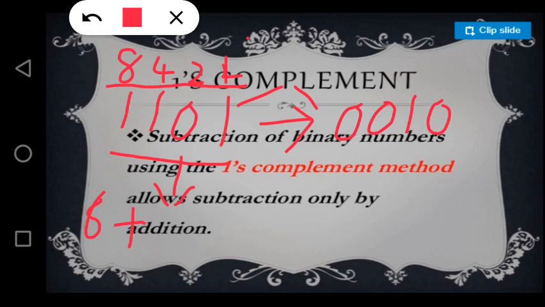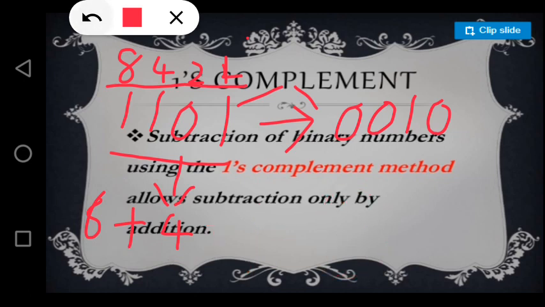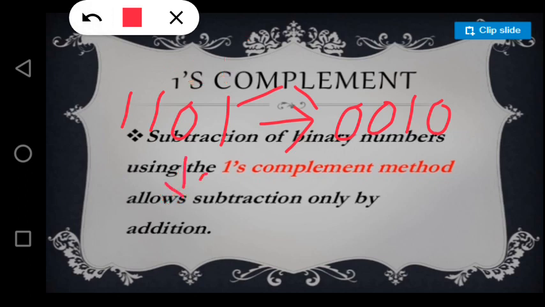Below 4 I have 1, so I take 4. Below 2 I have 0, so don't consider it. Below 1 I have 1, so I take it. It becomes 13. So the decimal equivalent of 1011 is 13 base 10.